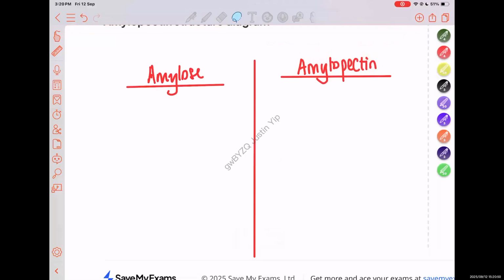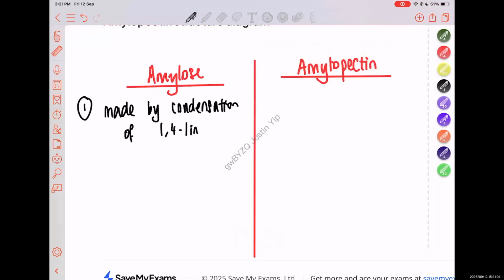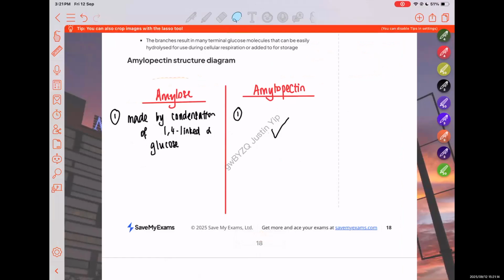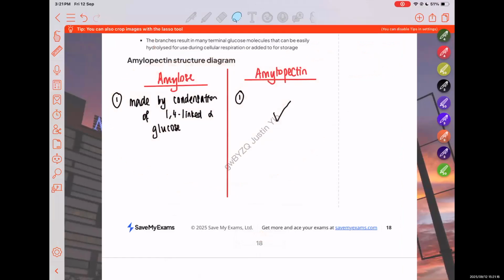Amylose is made by condensation of 1,4-linked alpha glucose. Amylopectin is also the same.